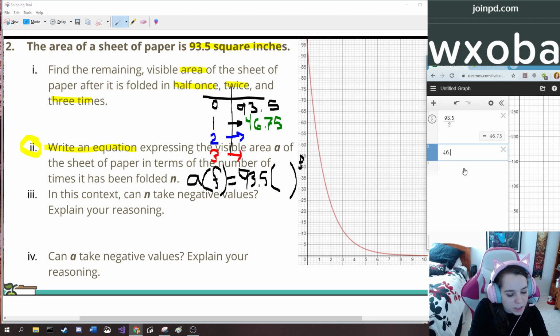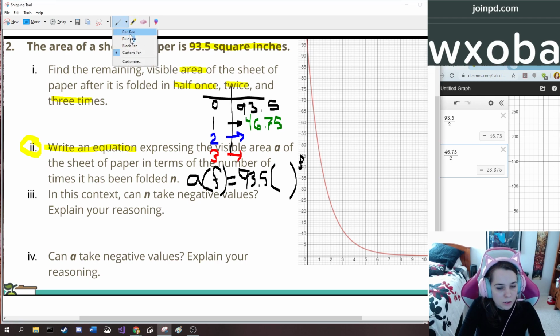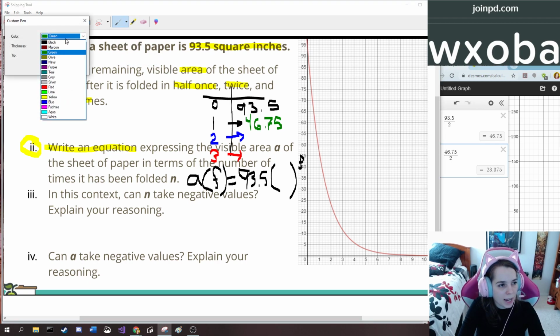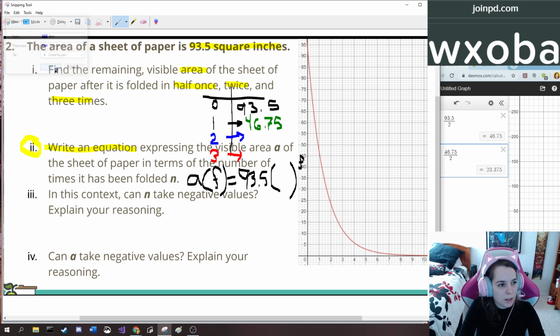So let's try it. 46.75 divided by 2 is going to be 23.375. What is the pattern here? What is this problem decreasing by? What would the factor be in here? What's the growth factor? What is the area changing by as I fold?